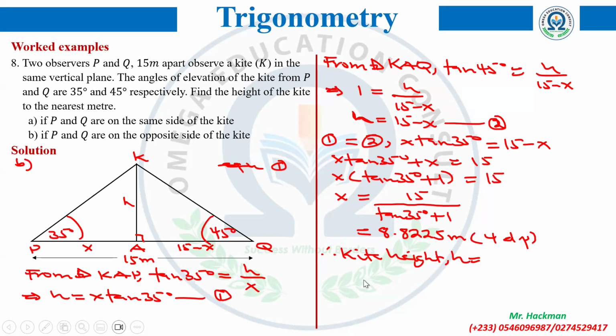So I will use equation 2 instead of 1 this time around. That gives us 15 minus 8.8225, so you bring your units later. That will be equal to 6.1776.